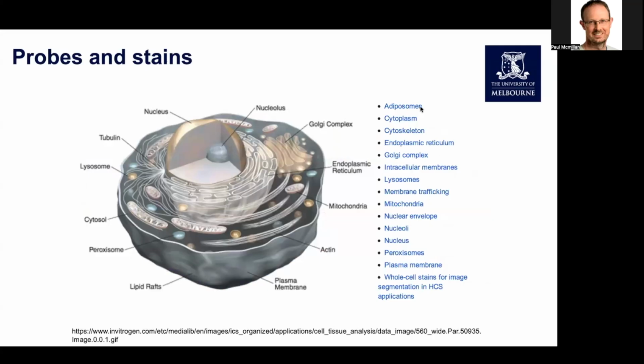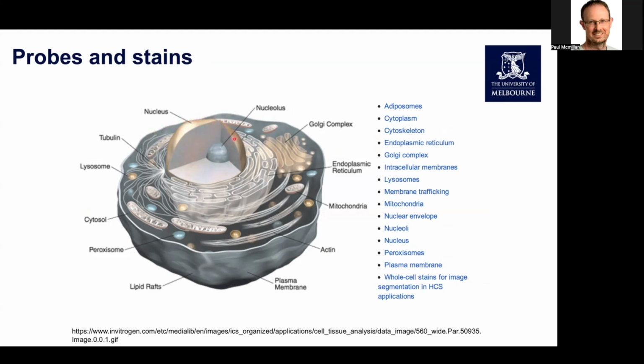One last thing to look at are probes and stains. Now this could probably be a lecture in itself. There are lots of these types of things available. These are specific dyes that are maybe cell permeable and are taken up into specific compartments within the cell.